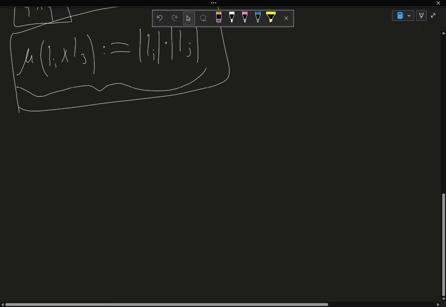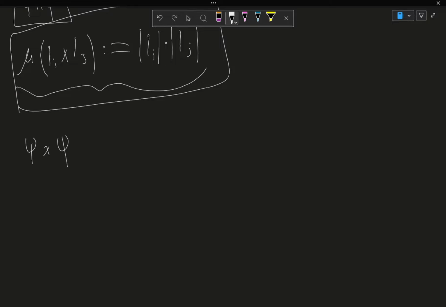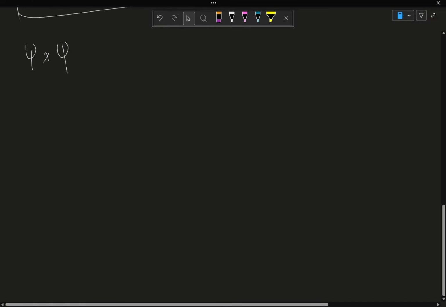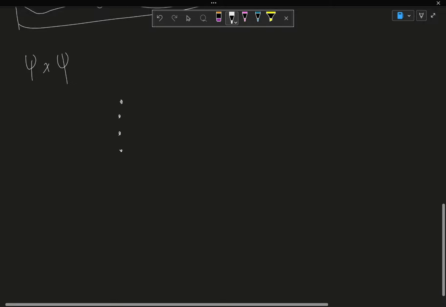So we can write the entire measure. We have psi cross psi. We can think of it as having two areas, and we want to cover this area with a finite cover. So let's assume we have all of this and we want to go over all of them.